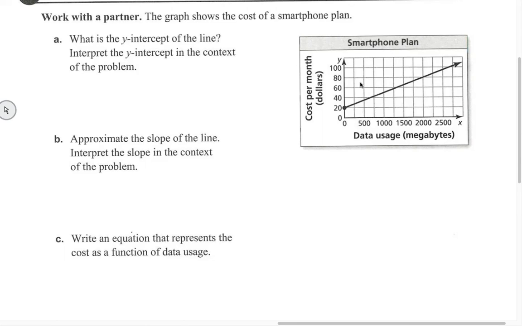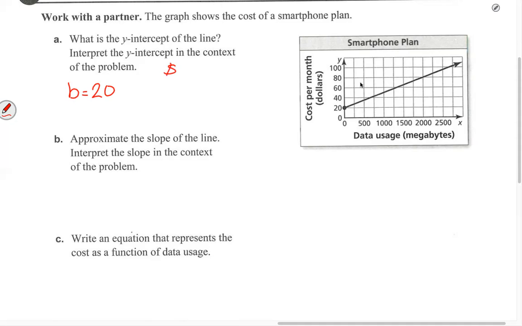What is the y-intercept? 20. And what does that 20 mean? It's $20 a month. Okay.